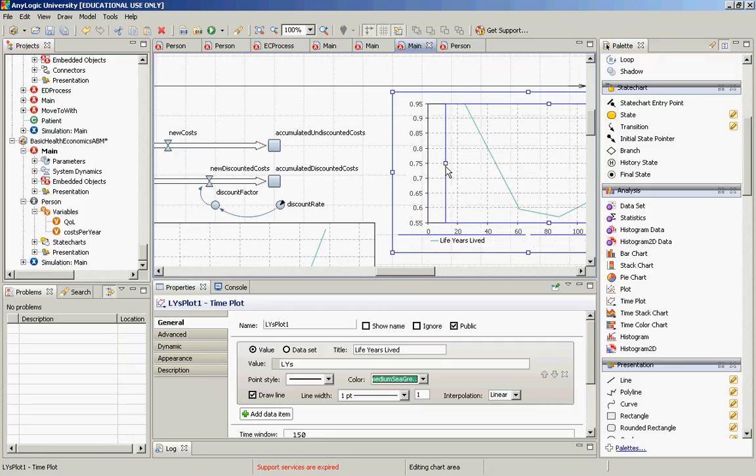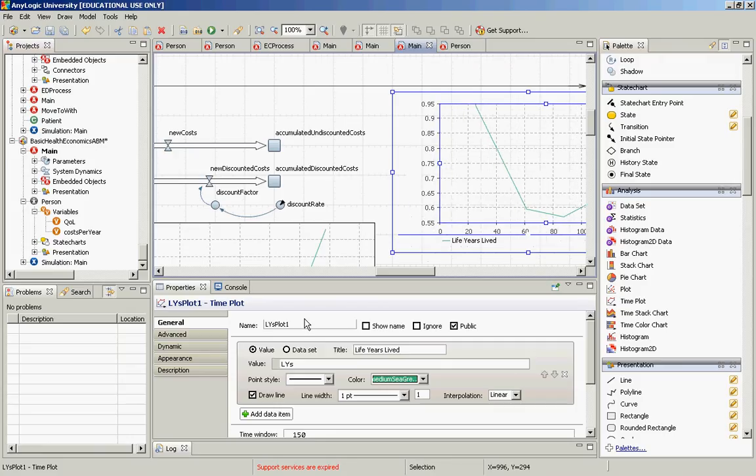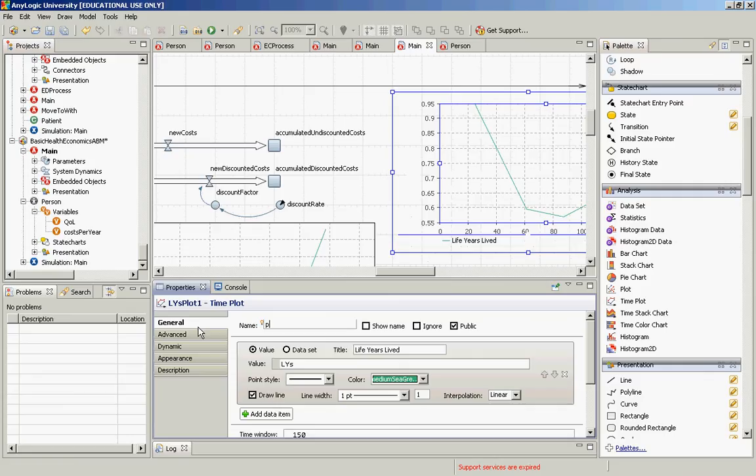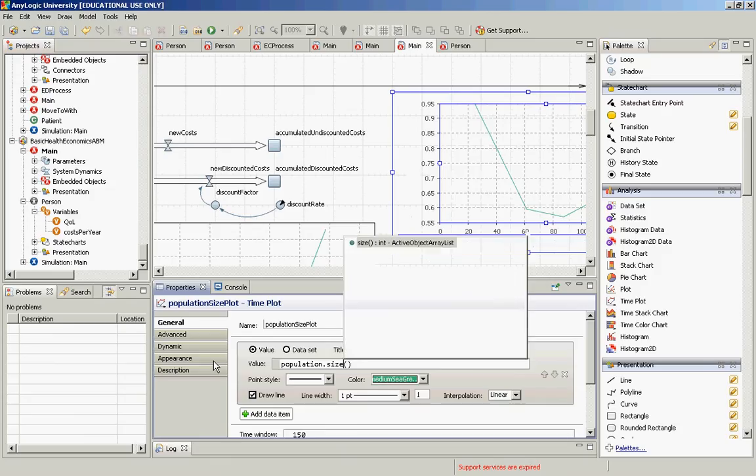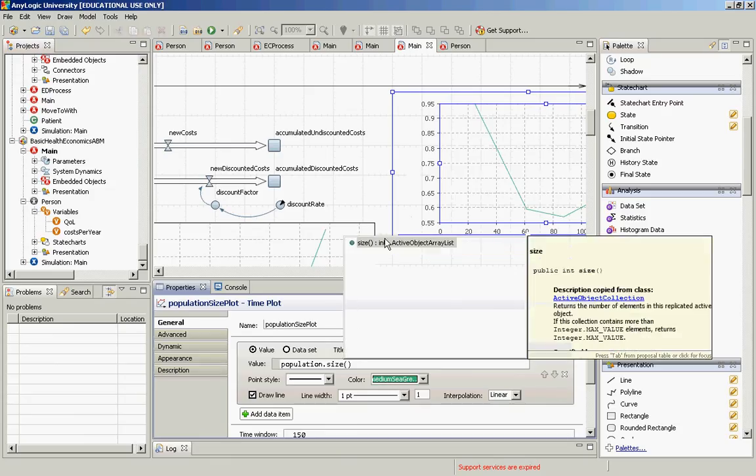And this will just be population size plot. In order to get the value for this, we have to ask, for the population, how many people are there in the population right now? So population.size. You'll notice here the number of elements in it. So here we go. Number of elements in the population.